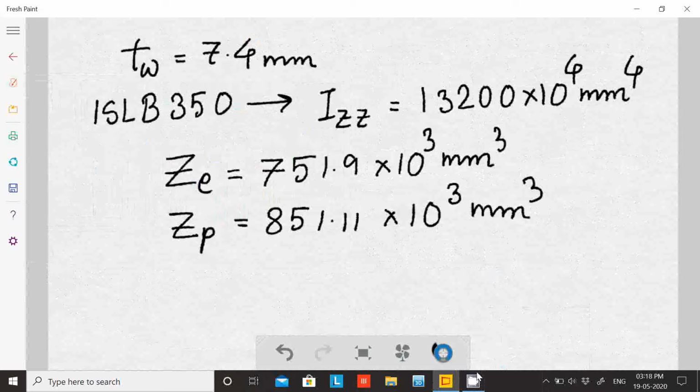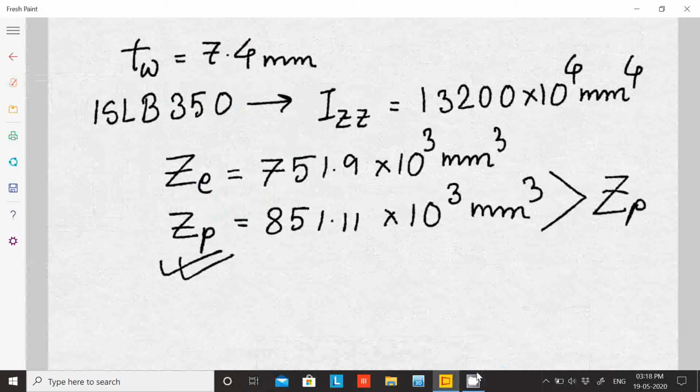Which is we are comparing this plastic section modulus, which is greater than ZP required. Okay, so our part is done.